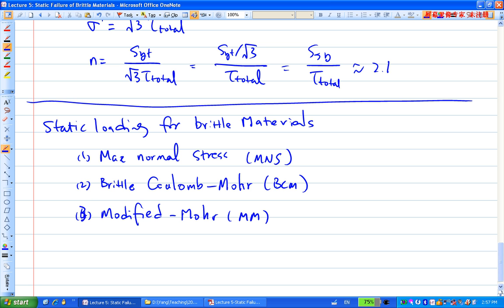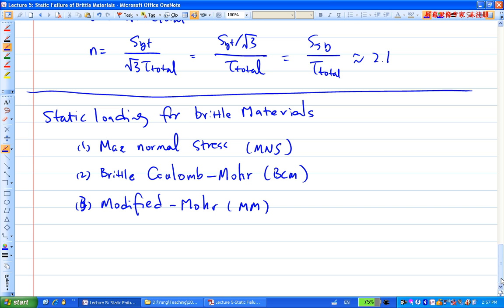And they are very closely connected to each other. But first of all, let's establish a certain fact. I think I mentioned this in the previous lectures. For brittle material, according to experiment, it generally fails due to what kind of stress?